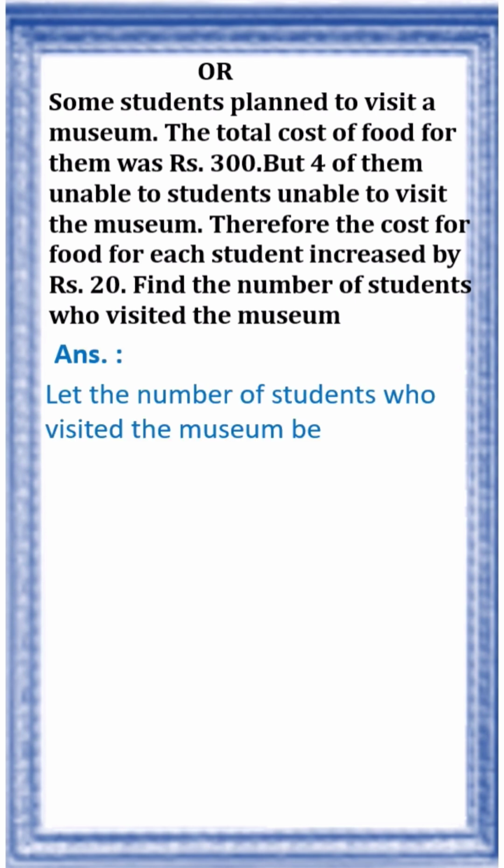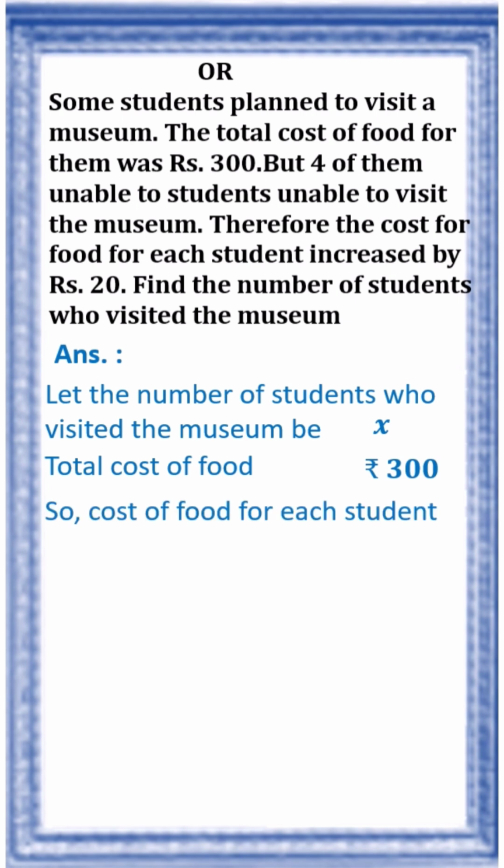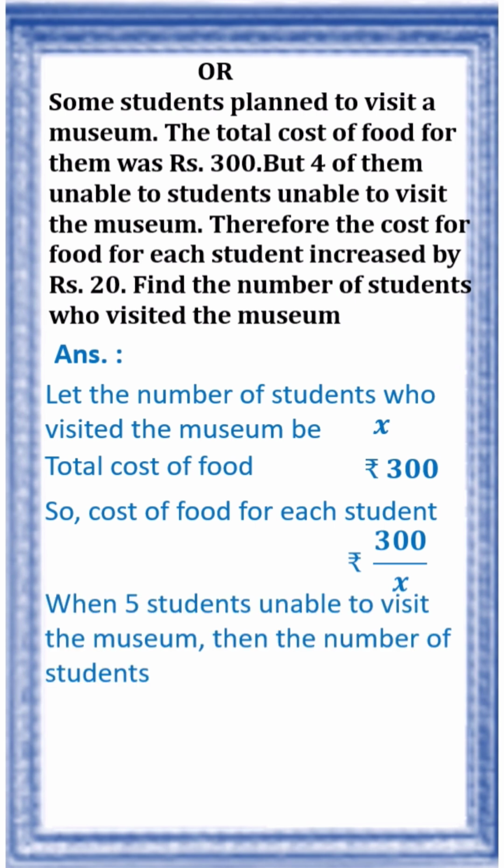Now the answer is, let the number of students who visited the museum be x. Total cost of food is rupees 300. So cost of food for each student is 300 by x rupees. When 4 students are unable to visit the museum, then the number of students is equal to x minus 4.